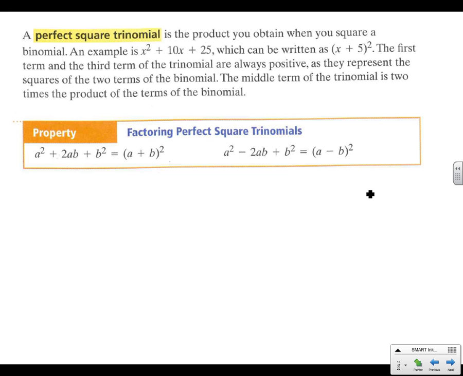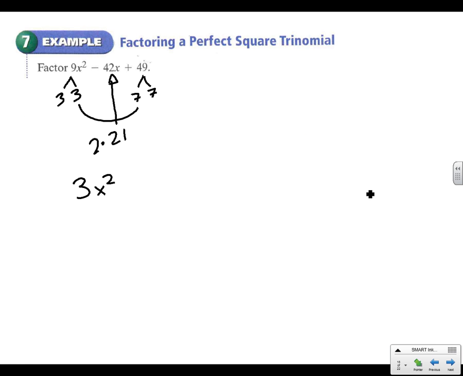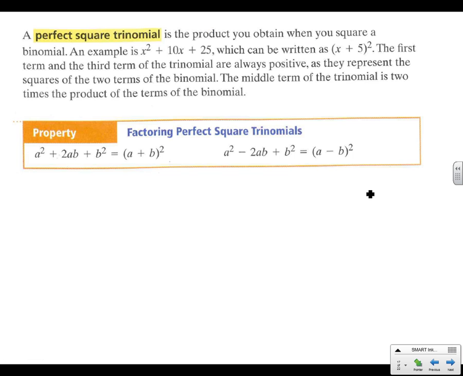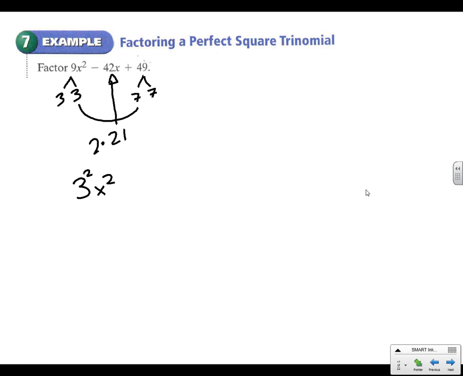3x squared, that's your a squared, right? If we go back here, okay? A squared, and then we have 2 times 21x, it's a minus, 2 times 21 is 3 times 7x, and then plus 7 squared.